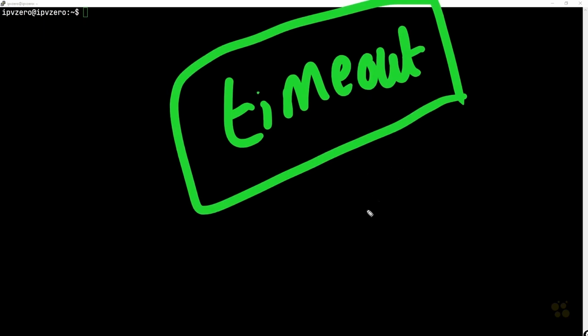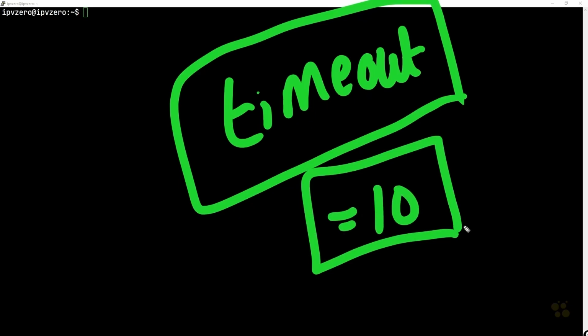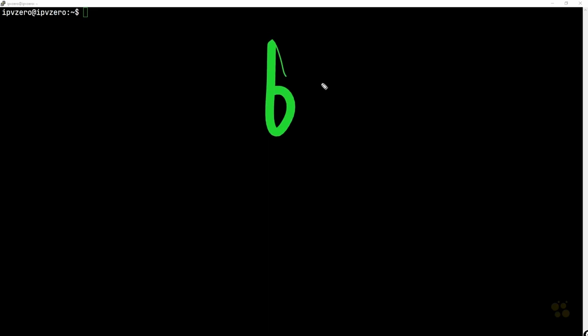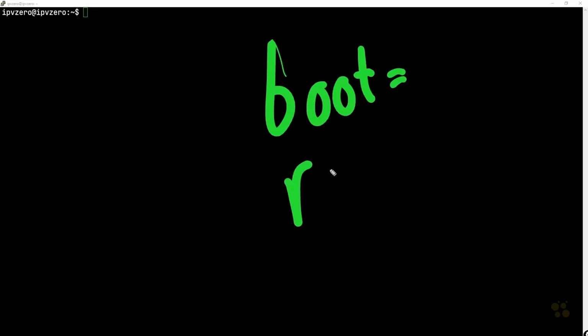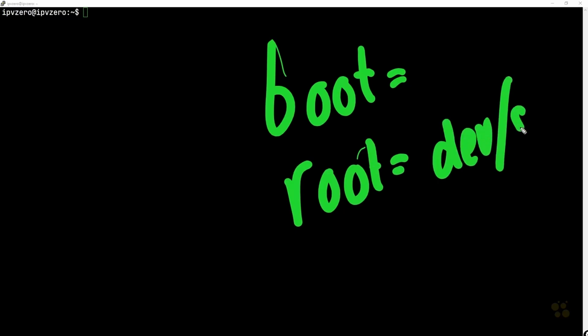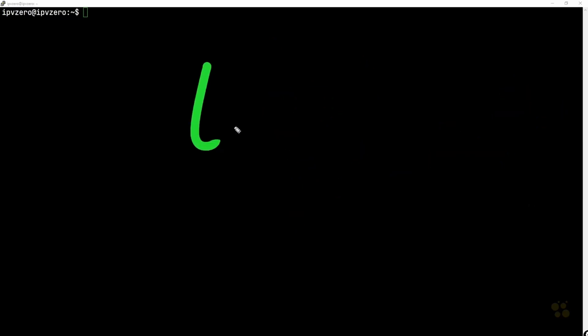Again, if we set the value of timeout equal to 10, that would mean that we would wait for 10 seconds. We can also do things like specify the boot drive, as well as where the root file system should be loaded, say for example /dev/sda1. And we also have within this configuration file a label option.